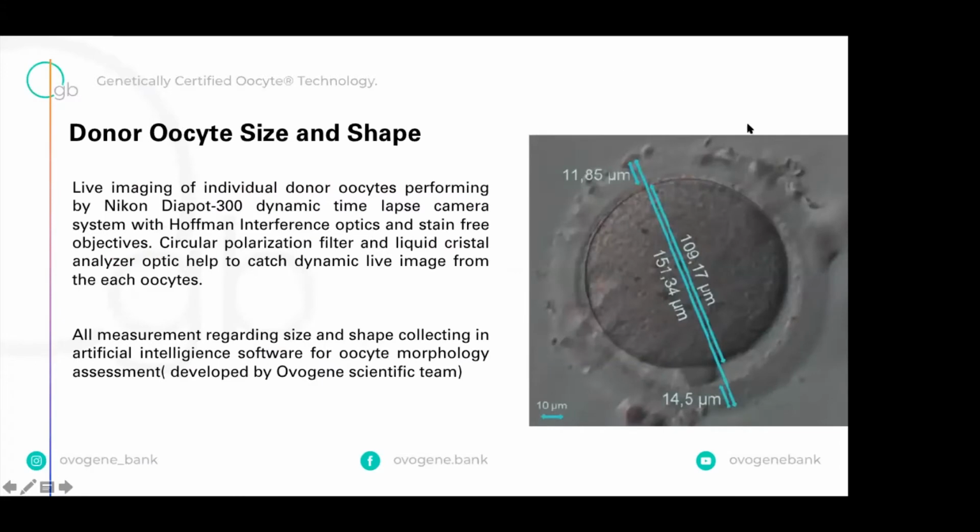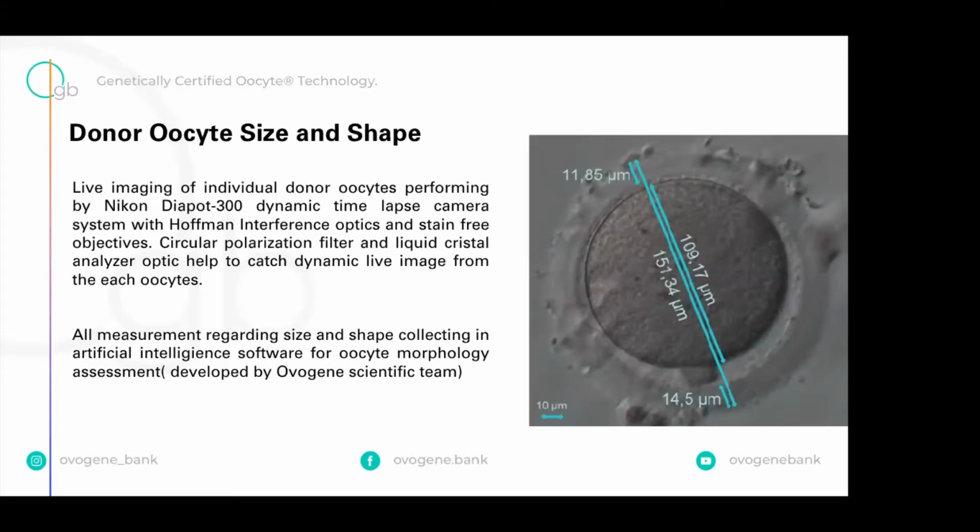Donor oocyte size and shape are also very important for us. How are we calculating this? We collaborate with the Nikon company, and we are developing with them high quality artificial intelligence software that works directly on oocyte morphology assessment. We use live imaging of each individual donor oocyte performed by the Nikon CL-300. This is a dynamic time-lapse camera working with Hoffman optics and stain-free objectives.